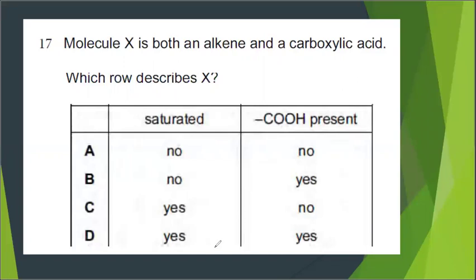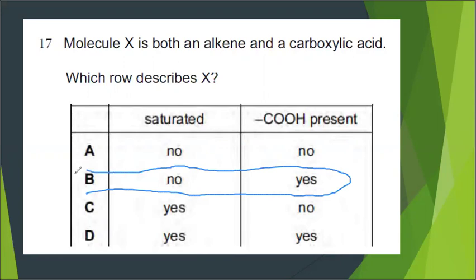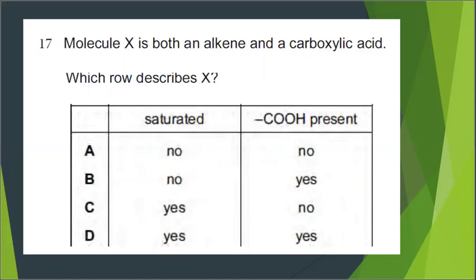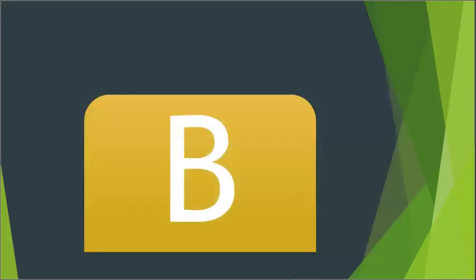So the answer is indeed B as in boy. No, it's not saturated because it's unsaturated, and it is a carboxylic acid. So yes, it will have the C double bond O, OH group present, right? It will have this functional group present. Hence the answer is B as in boy.